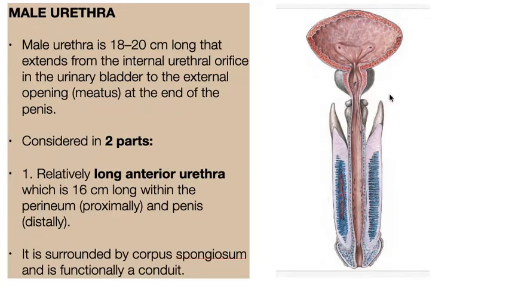Coming to the long anterior urethra, this is about 16 centimeter long, lying within the perineum and the penis distally, surrounded by corpus spongiosum, and is functionally a conduit.